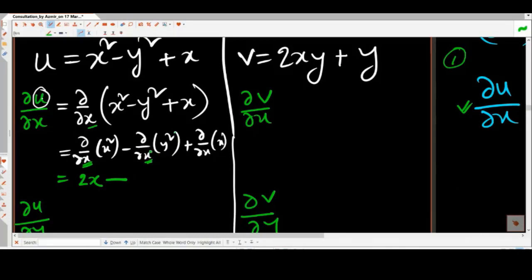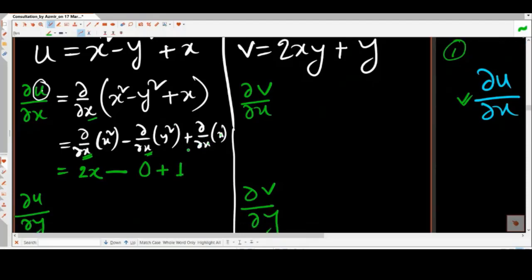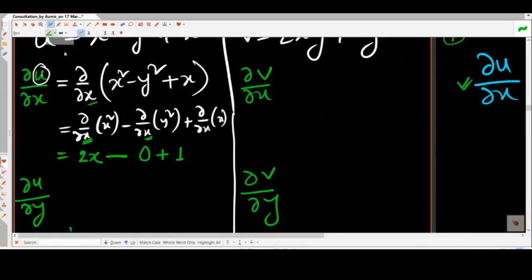We are differentiating in terms of x, this is partial derivative, so y is constant. Differentiation of any constant will obviously be 0, plus differentiation of x in terms of x is 1. So finally, du/dx is 2x plus 1. This is what we have found, du/dx.